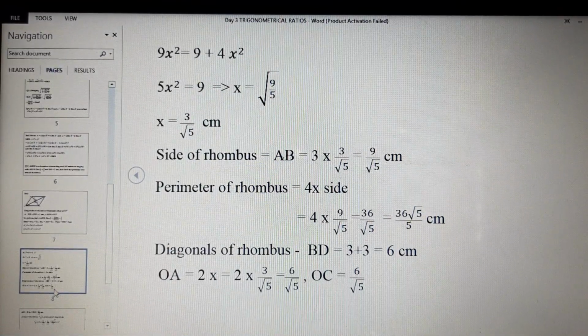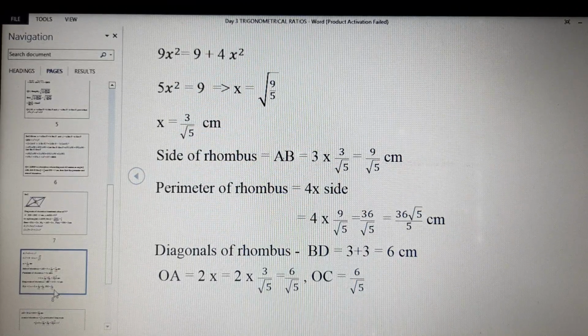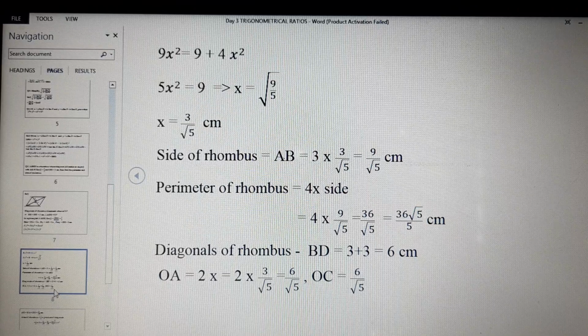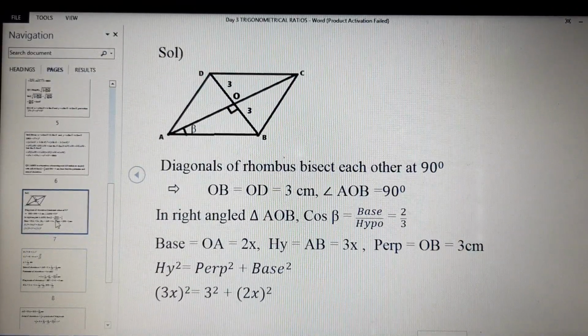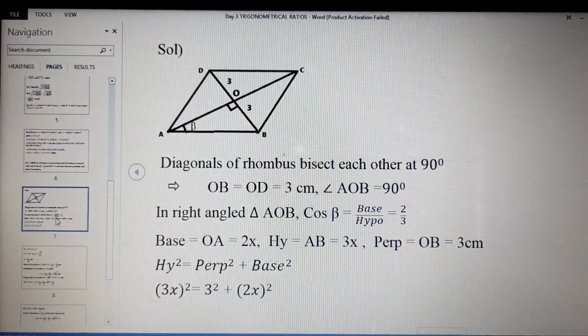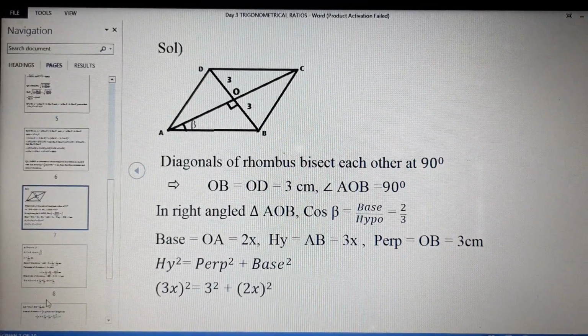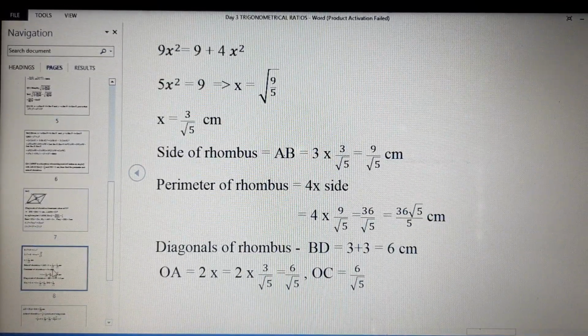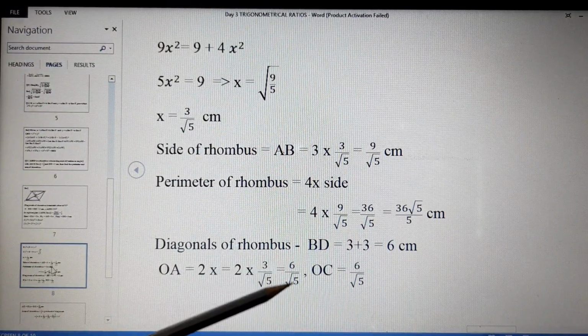Now the diagonals of the rhombus. One diagonal is BD. OB was 3 centimeter, so 3 plus 3 means 6 centimeter. The other diagonal is AC, which is OA plus OC. OA and OC will be equal. OA is 2x, so we calculate the value of OA first. 2 into x, 2 into 3 upon root 5, that means 6 upon root 5.